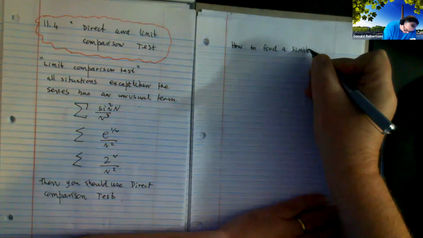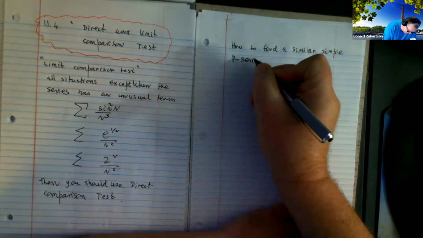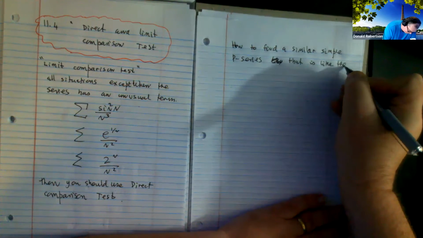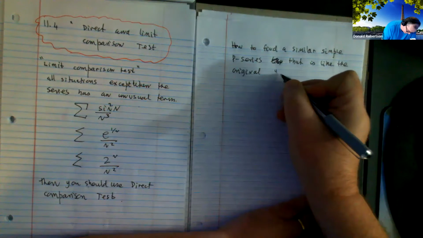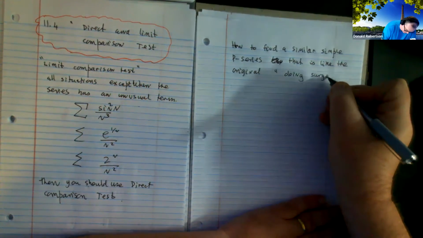And this is how to find a similar series, but a simple p-series, that is like the original. And I call this, my made up name, doing surgery to it.